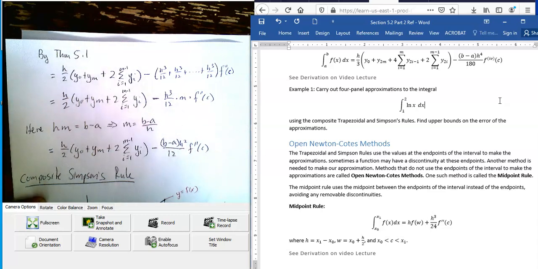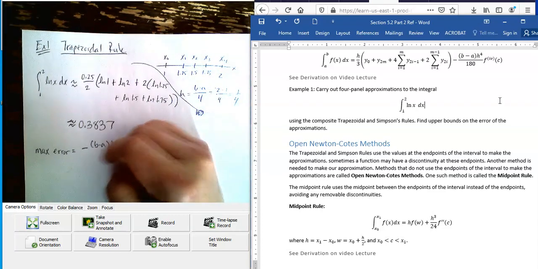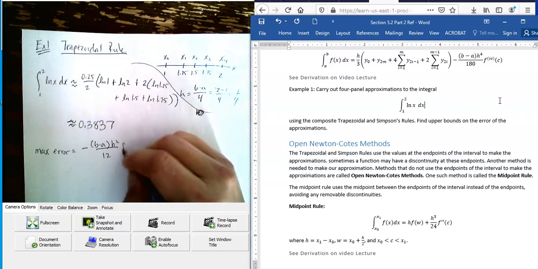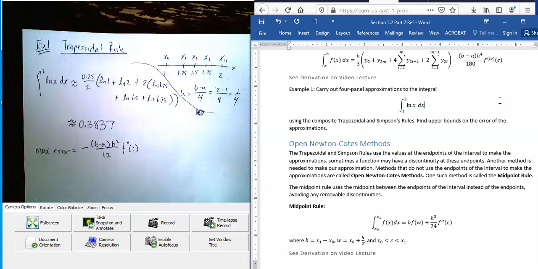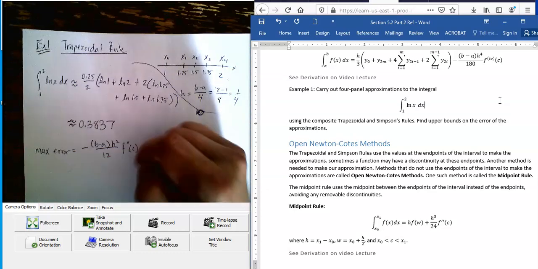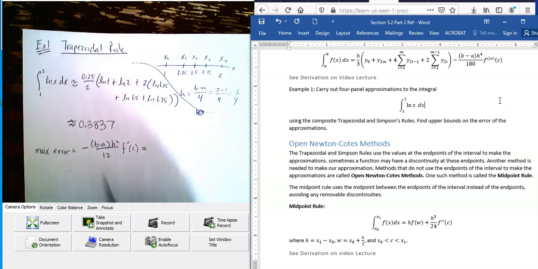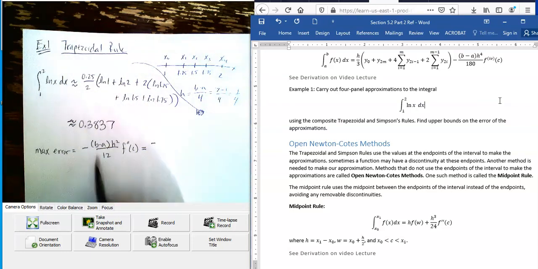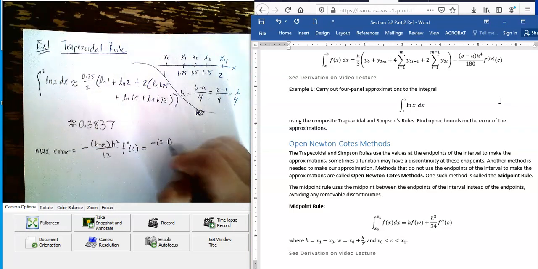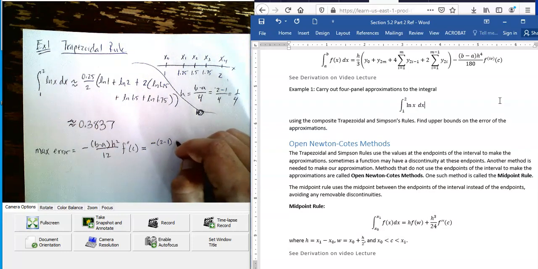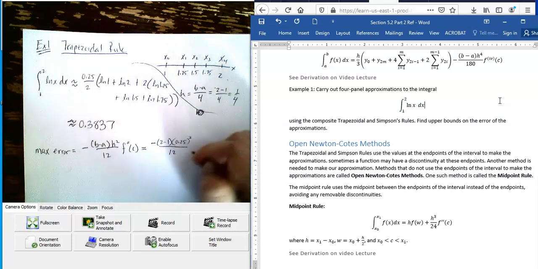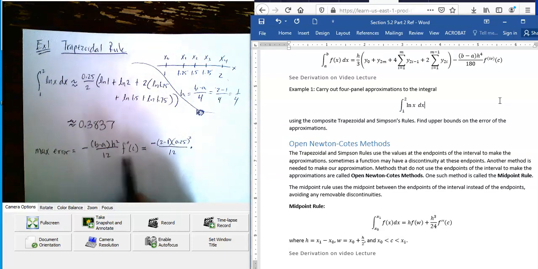Utilizing the final error term, b minus a, h squared over 12 f double prime at c. So here we know our b and our a, we know our h, so it would be negative. B minus a is 2 minus 1. H is 0.25 squared over 12 times the second derivative at some c, and c is in between these two values, 1 and 2.